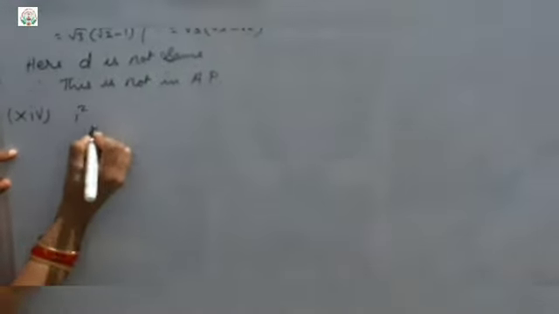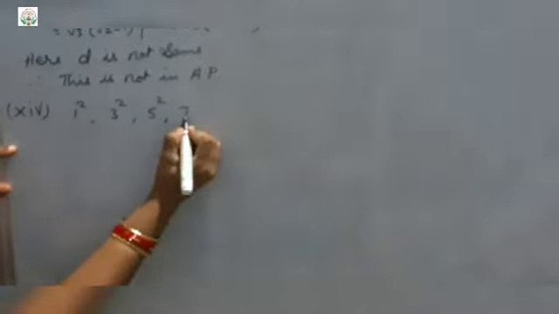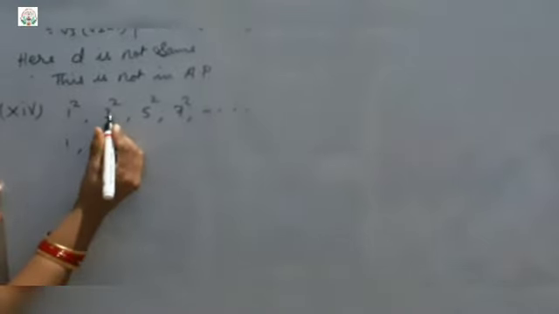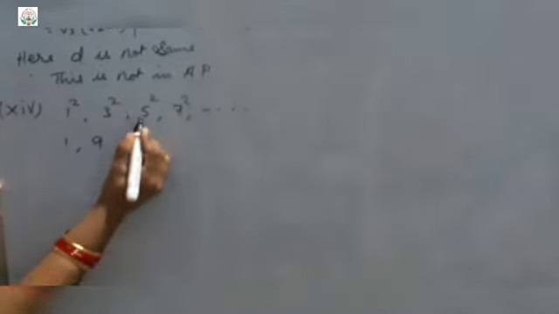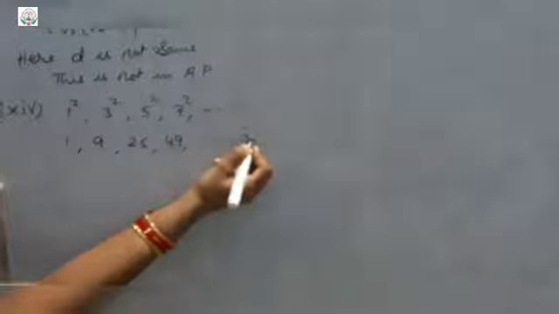It is given that 1 square, comma 3 square, comma 5 square, comma 7 square, comma dot dot dot, and so on. Okay. So now for this, first we will convert it into the simplest form. That is 1, comma 3 square is 9, comma 5 square is 25, then 7 square is 49, and dot dot dot.